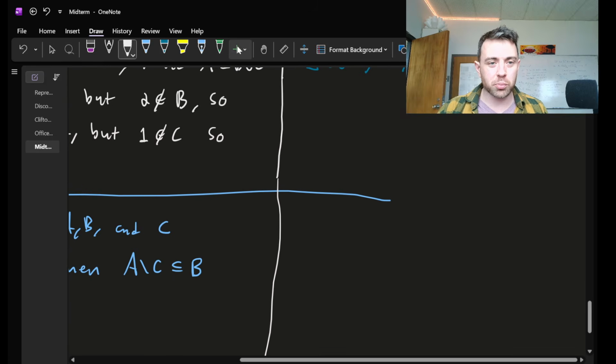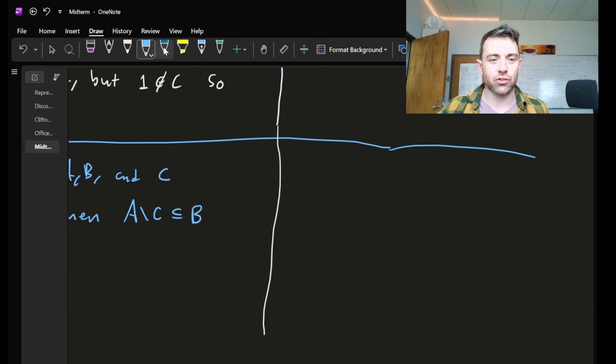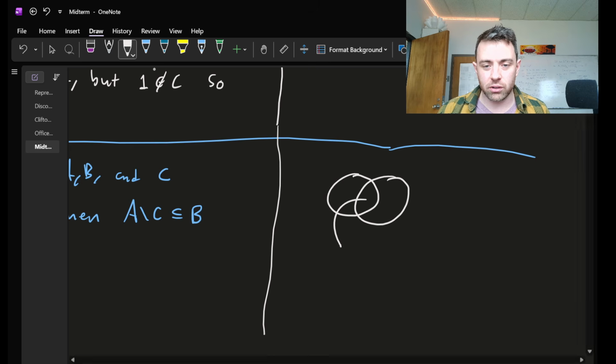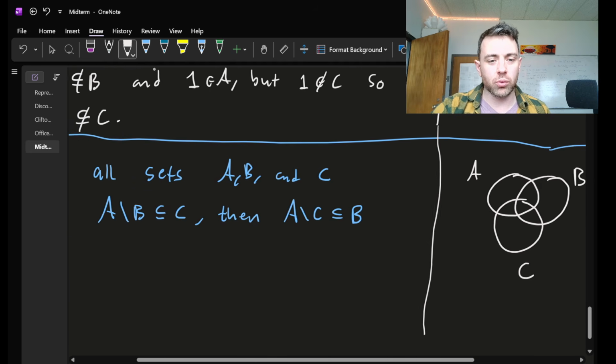But let's put ourselves in the shoes of someone who maybe didn't do the homework. And let's say, okay, how do I figure out that this is true? Well, I'm going to draw my little Venn diagram again. A, B, C. How could I cook this up?